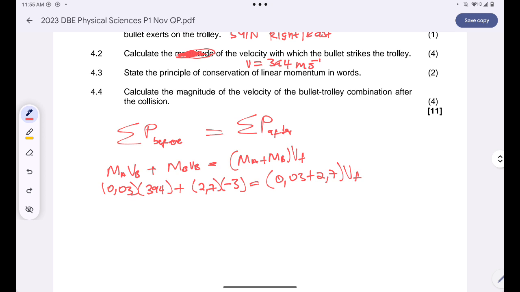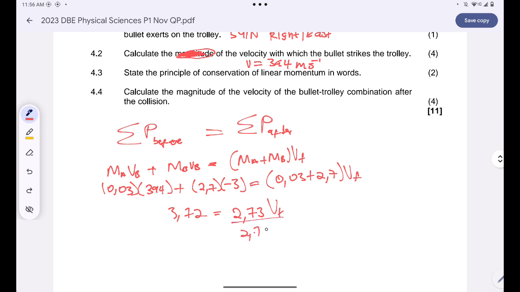So this is 0.03 multiplied by 394 plus 2.7 multiplied by negative 3. This will give me 3.72 is equal to 2.73 VF.